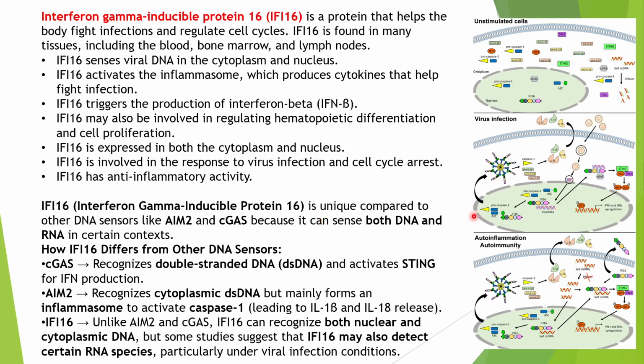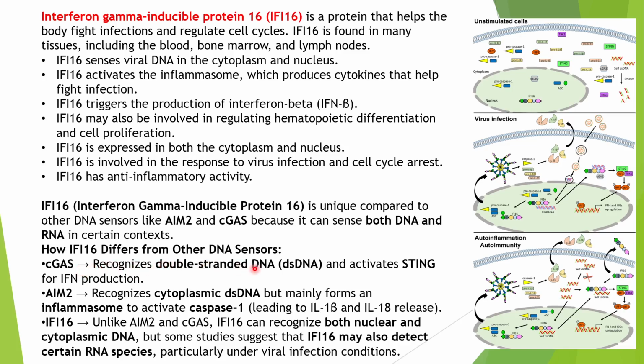So where were we? Yeah, so it is a DNA sensor. But it has certain unique properties when compared to other DNA sensors like AIM2 and cGAS, because it can sense both DNA and RNA. So your cGAS, your AIM2, your IFI16, all these are DNA sensors.